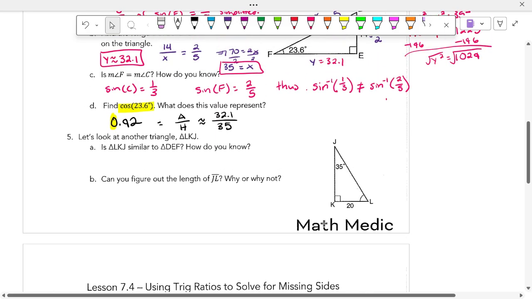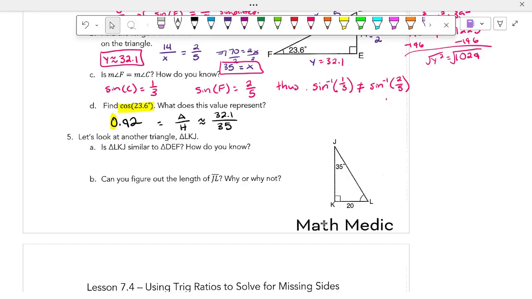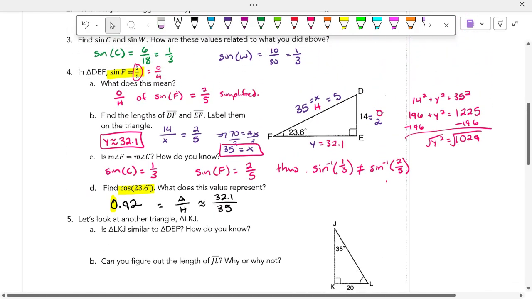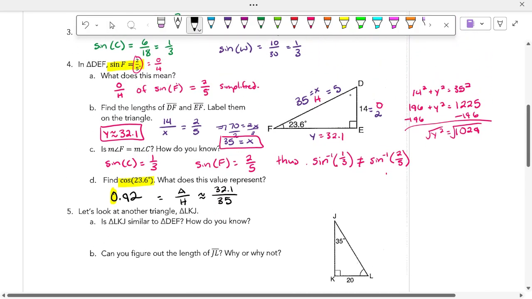All right, last part. Is triangle LKJ similar to DEF, and how do you know? So, probably the easiest way to figure this out is we need to find this third angle.